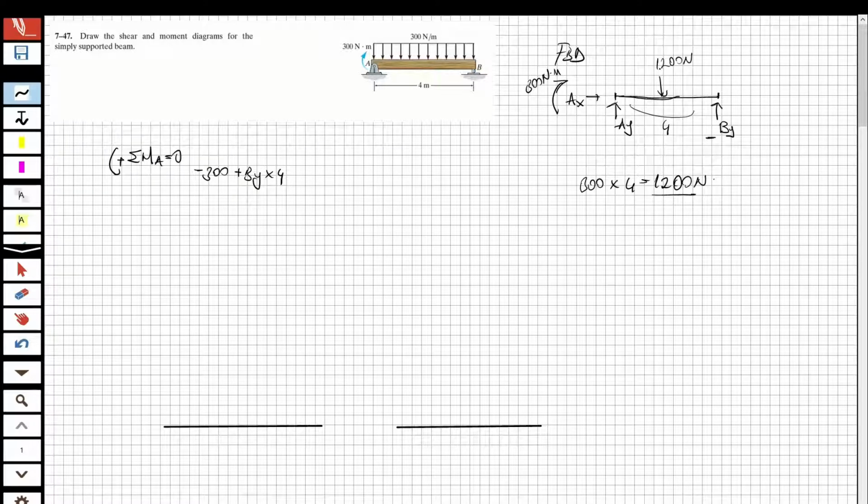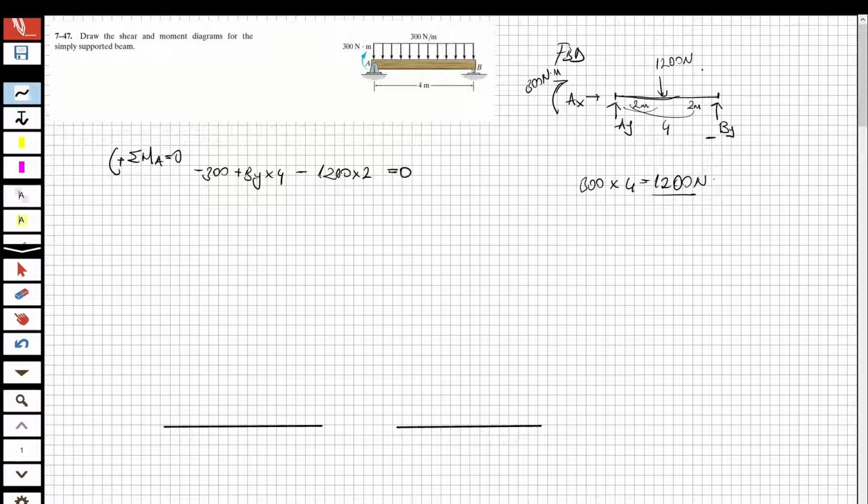The 1200 Newton acts at the midpoint of the beam, so this is 2 meter and this is 2 meter, and minus 1200 multiplied by 2, with respect to A, equal to 0.